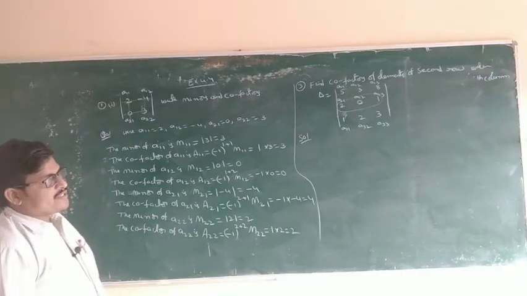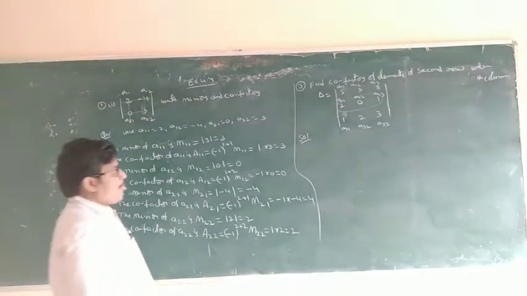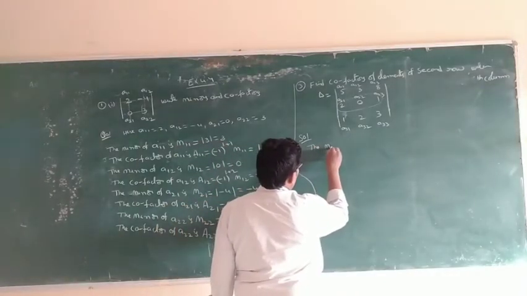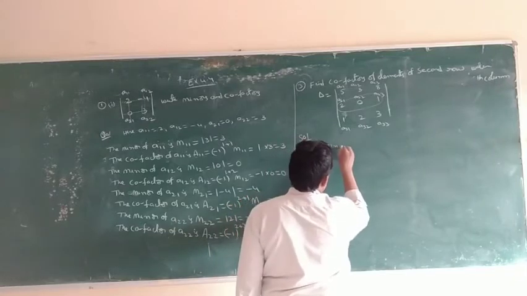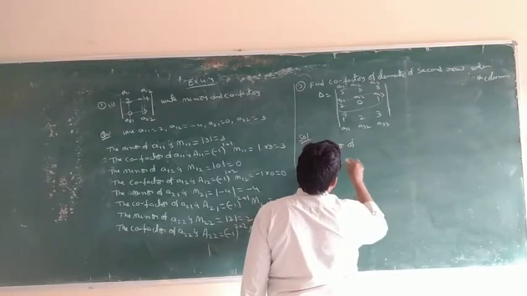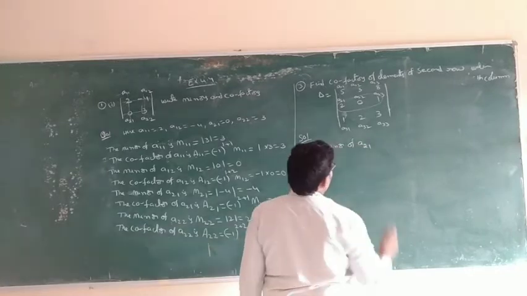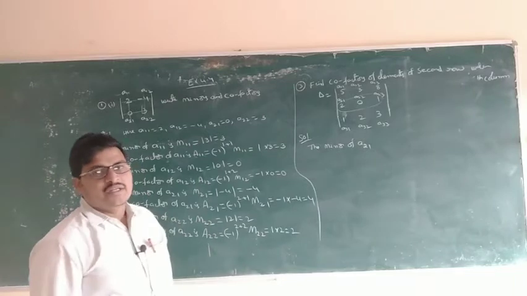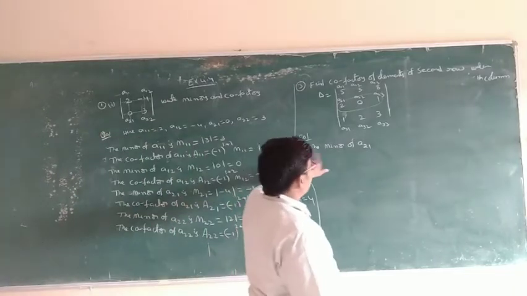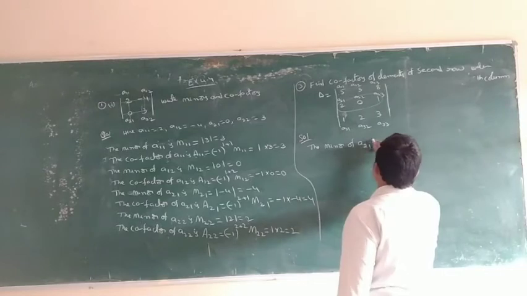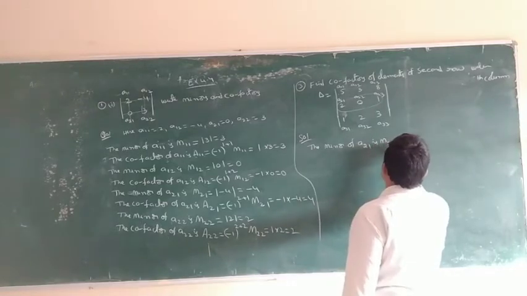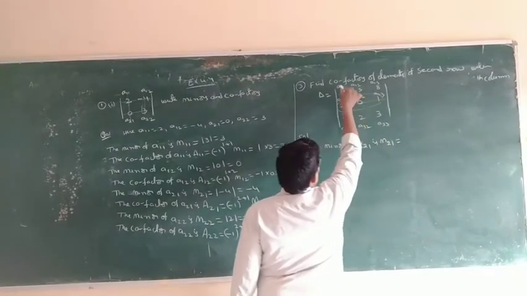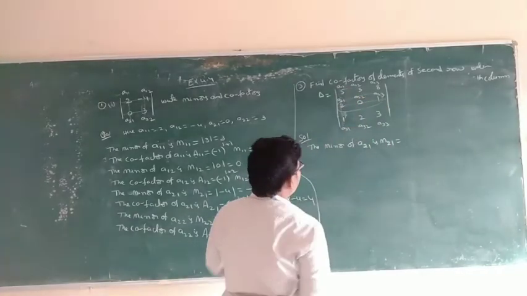If we want the cofactor, first we have to find out the minors. Okay, so first the minor of A21, this one, second row, only the second row cofactors, the 3 elements' cofactors. So the minor of A21 is capital M21, equal to the A21 corresponding row and corresponding column deleted.